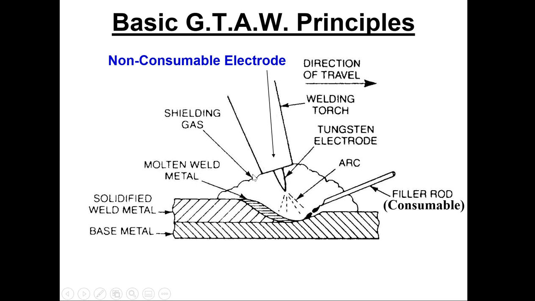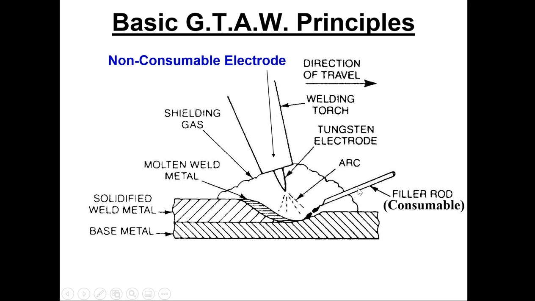There's the molten weld puddle back here, and the objective is to start to liquefy the base metal, and then at an appointed time when you see there's enough liquefaction going on, you take this filler rod and you bring it in and touch it to the liquefied surface.